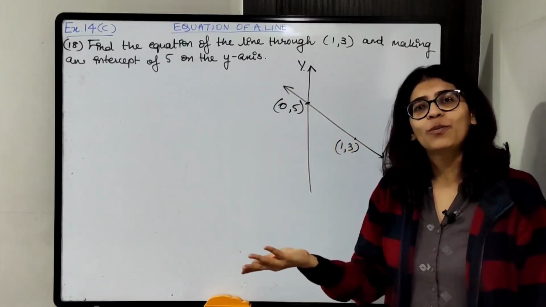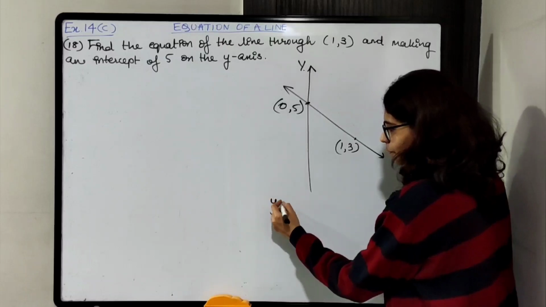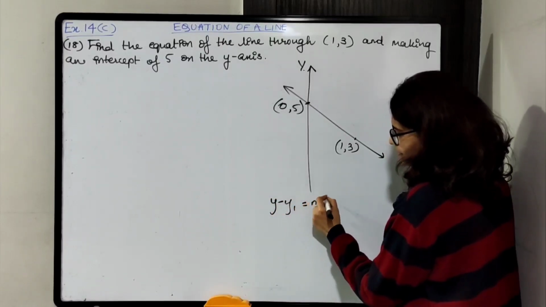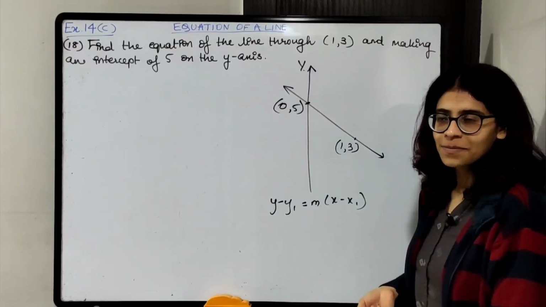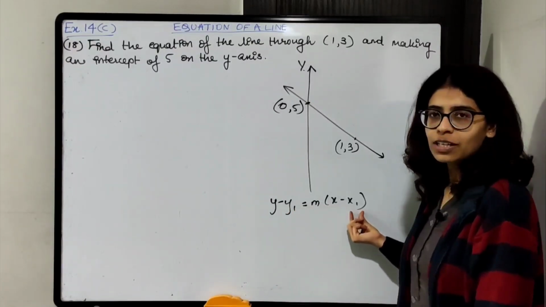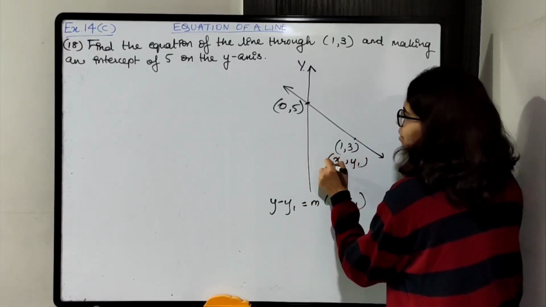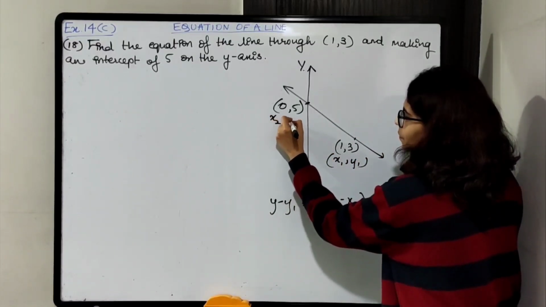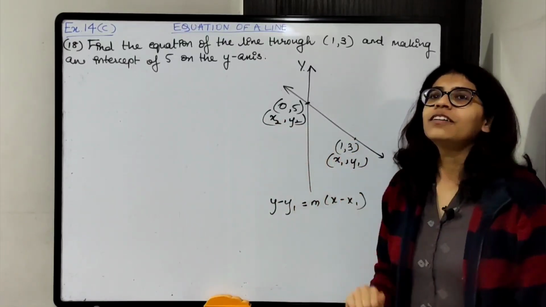We'll use the 2 points form. For the 2 points form, which formula do we use? We'll use this formula. For this we need x1, y1, so consider one of the points as x1, y1 and the other as x2, y2. We know x1, y1, we have to find m.